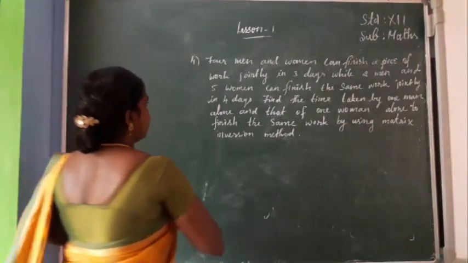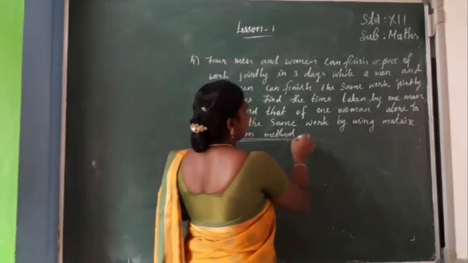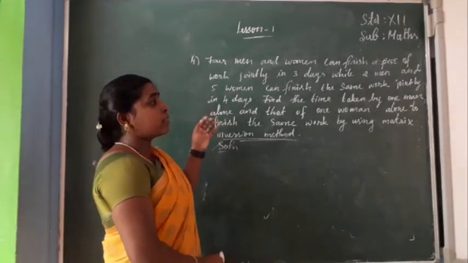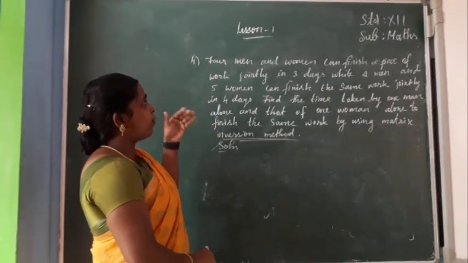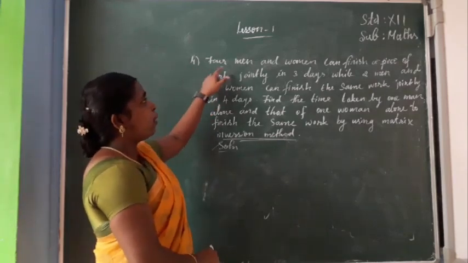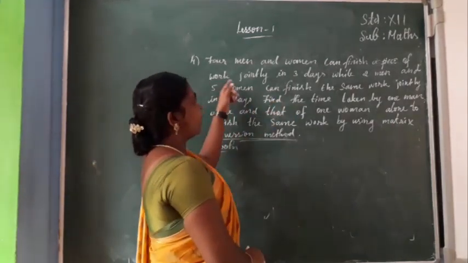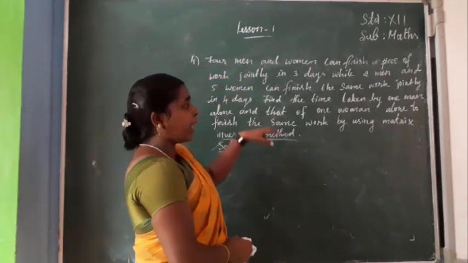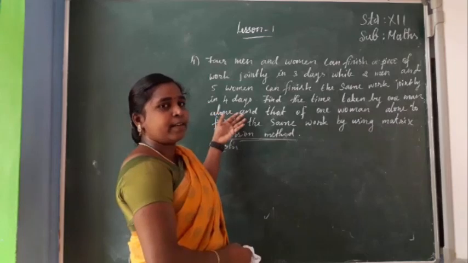Okay, we can start. So here also we use the inversion method only. 4 men and 4 women, and this is a days problem, isn't it? So you have to mention 1 day's work only. If you are mentioning 1 day's work, please determine the denominator. 4 men and women can finish a piece of work jointly in 3 days. Actually our question is, if they are working alone, how many days will they take.